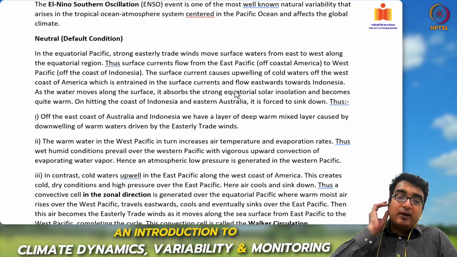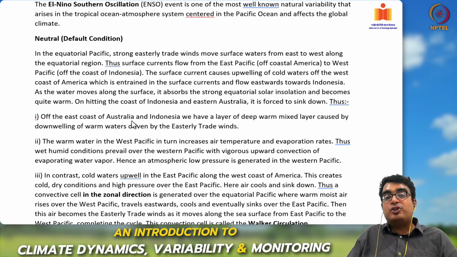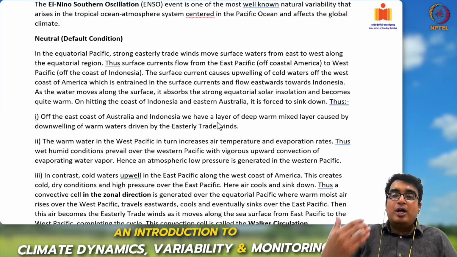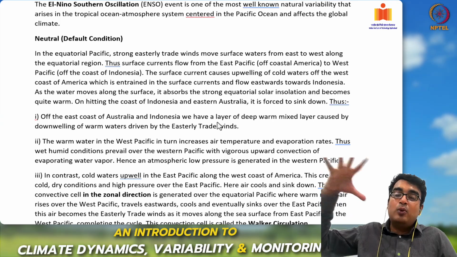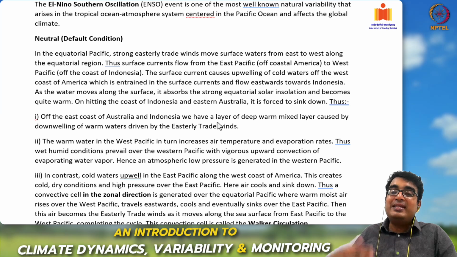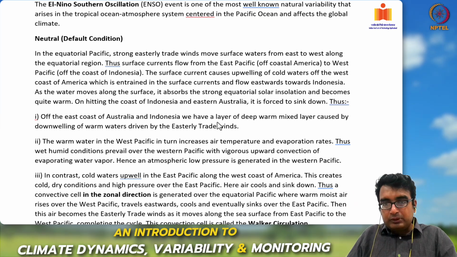Thus, we have a few important features. Off the east coast of Australia and Indonesia, we have a layer of deep, warm mixed layer caused by the downwelling of the warm waters that has piled up due to the presence of this easterly trade wind driving them towards the coasts.